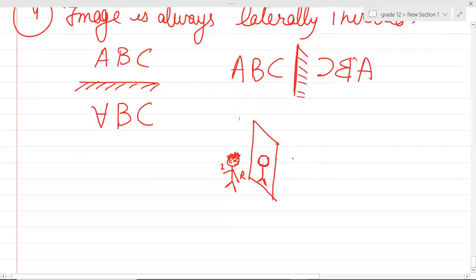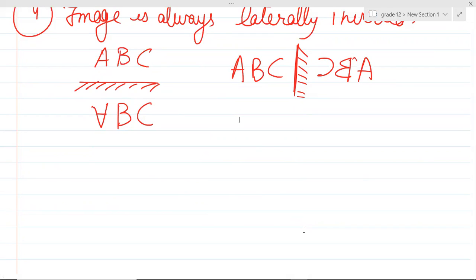Although the image is found somewhere over here, he sees it like this, right? So the left of the image is basically the right of the object. Assume yourself to be standing in front of the mirror and when you raise your right hand, the image raises its left hand, right? So this sideward inversion is basically called as what? Lateral inversion, okay? Yes, sir.